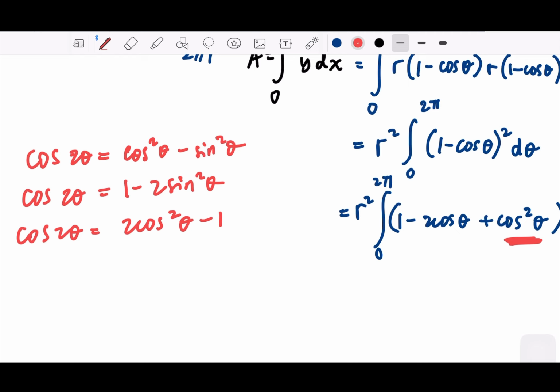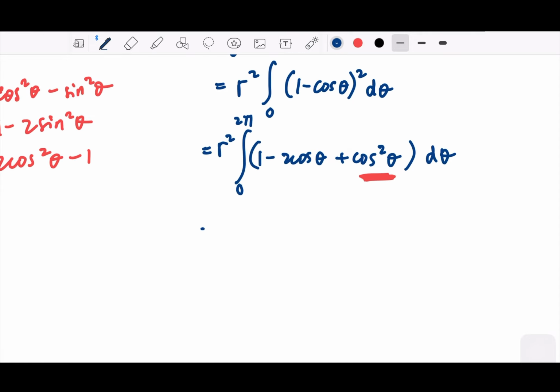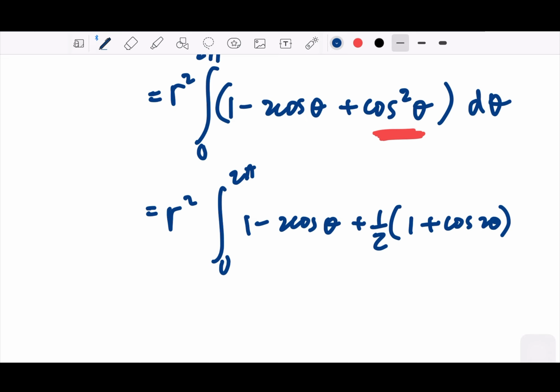So we can exchange this cos squared with cos 2 theta. So we will have 1 minus 2 cosine theta plus half of 1 plus cos 2 theta, and d theta.